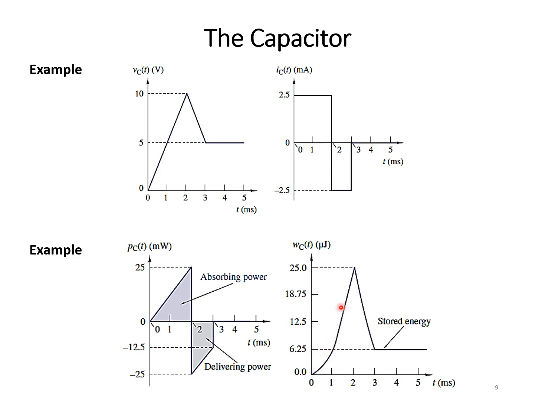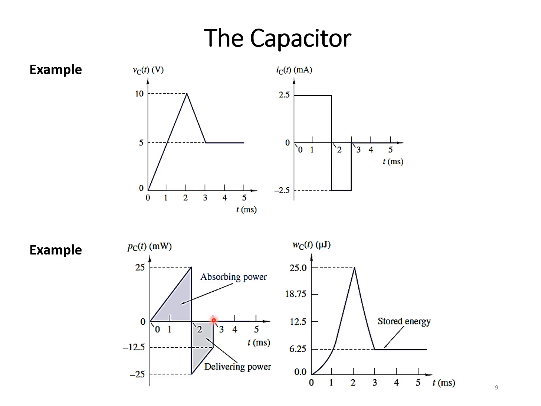A square term in time will appear, t square, and this is the sketch of the t square term. Then after that, find the expression of this and you will find this.